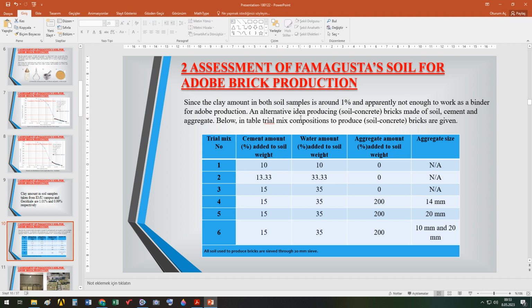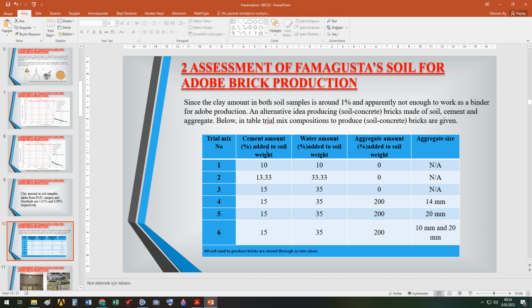An alternative idea is producing soil concrete bricks made of soil, cement, and aggregate. That's why I thought to add cement, not only as a binder, I also directly mixed the cement into the soil. Below in a table, trial mix compositions to produce soil concrete bricks are given. So this is the modified adobe brick. It's a soil concrete adobe brick.